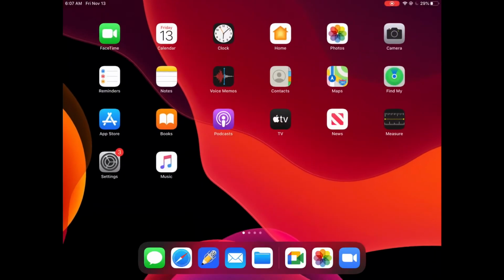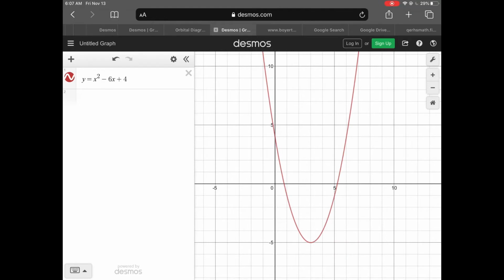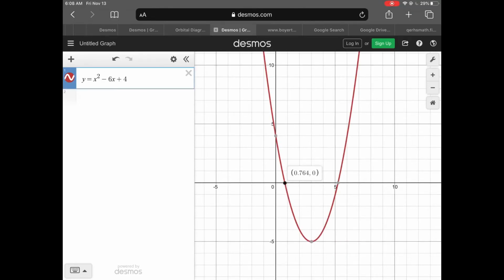What do the zeros look like? So I have this function graphed here, and let's take a look at the zeros. So we've got 0.764 and 5.236. So those are our zeros here. Those are our solutions. Now notice these are very gross numbers.